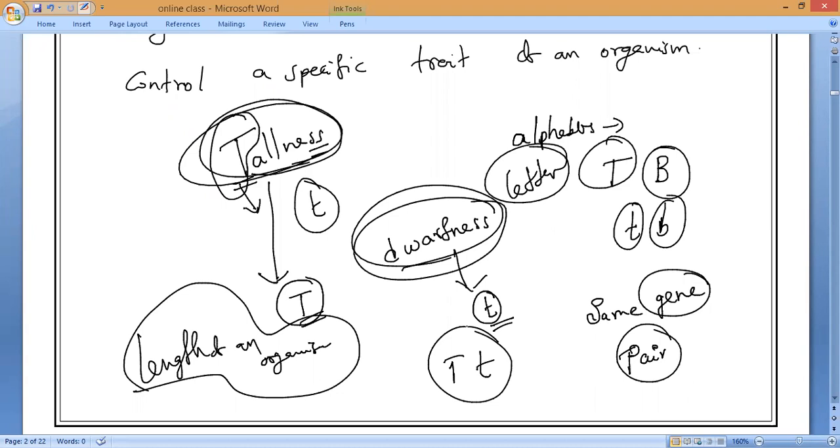So that is why genes, basically, we say are the units of heredity. That is what a gene is and where it is present. Now if you take Mendel's time, he conducted his experiments on pea plants.